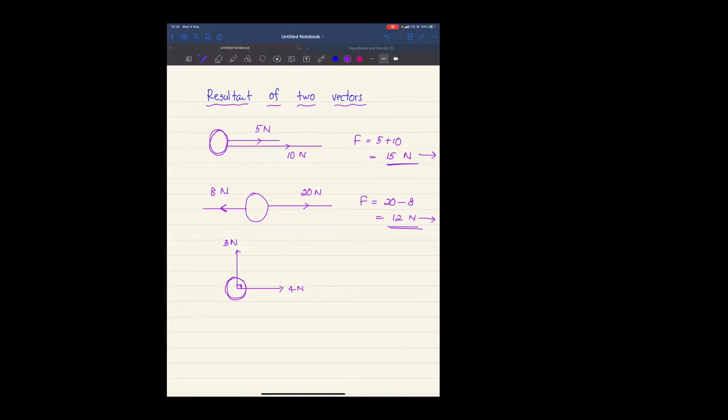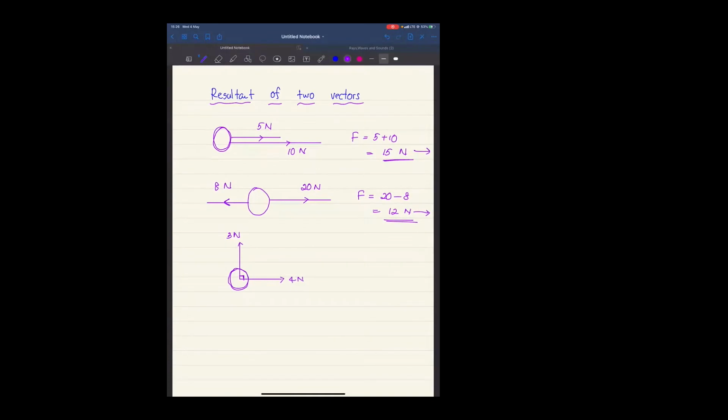You take one vector and draw a line of 4 newtons, and at the end of it, you draw the other force, which is 3 newtons. Now these two are perpendicular, so the resultant force is given by this length.